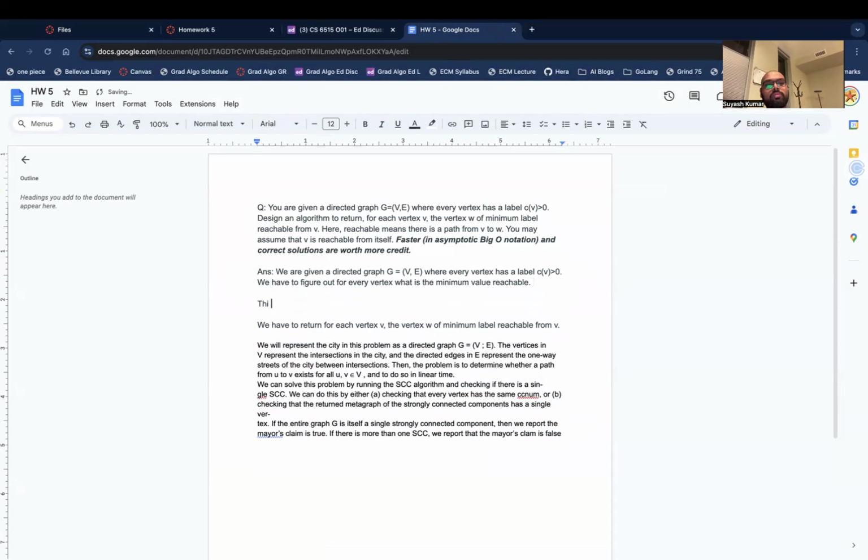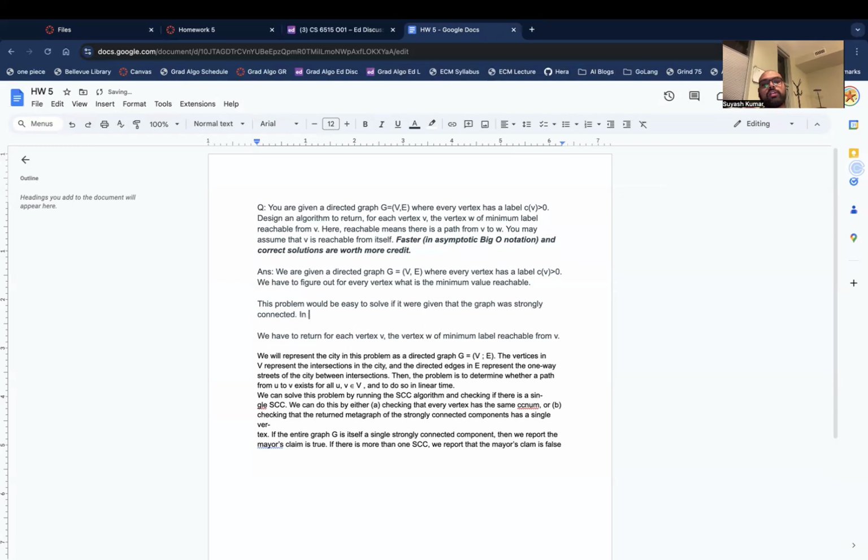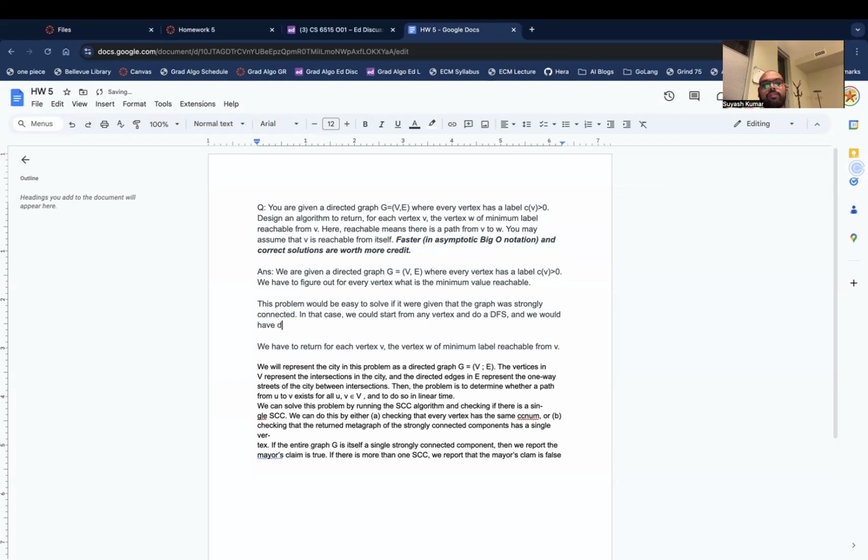We have to figure out for every vertex what is the minimum value reachable. This problem would be easy to solve if it were given that the graph was strongly connected. In that case, we could start from any vertex and do a DFS, and we would have discovered the minimum node for all of them.